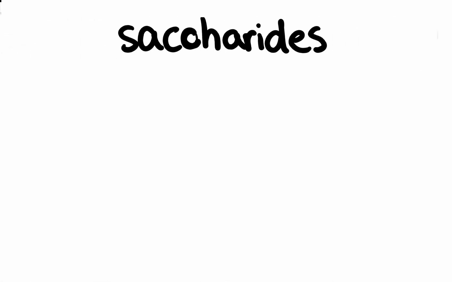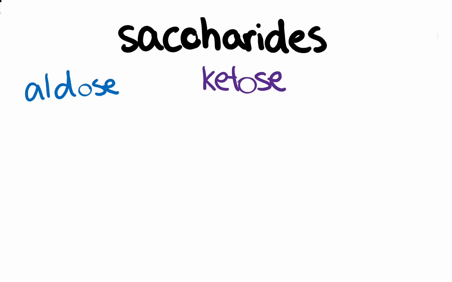These are further classified into 2 subgroups. Let's use a different color. You have aldose and you have ketose, based on the placement of their carbonyl group. And a carbonyl group is a carbon atom double bonded to an oxygen atom.